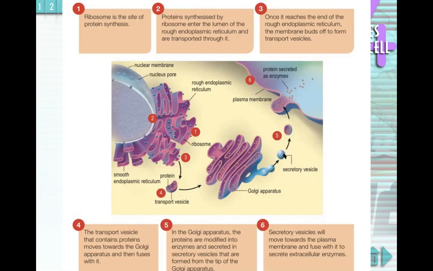Why? Because we know that this enzyme will be used outside the cell. So this secretory vesicle will fuse with plasma membrane to release enzyme. Now the enzyme will go to the next destination where it can be used outside.